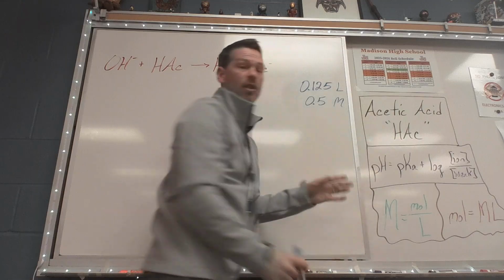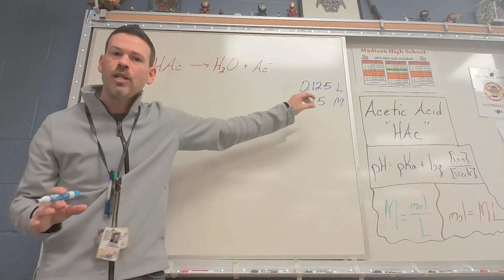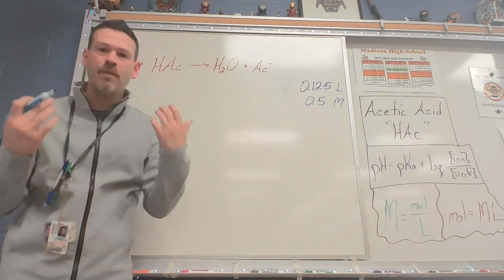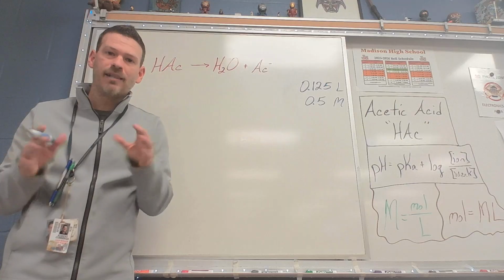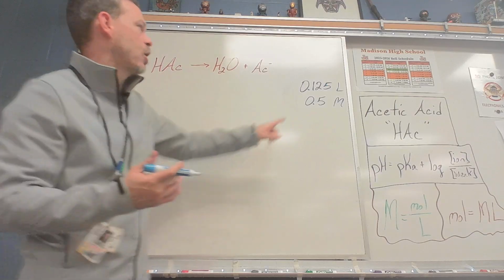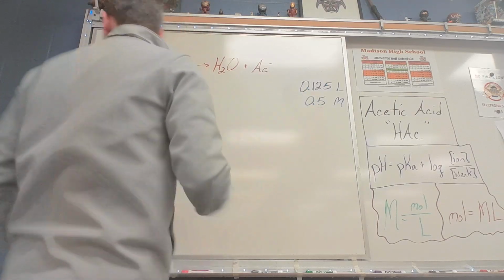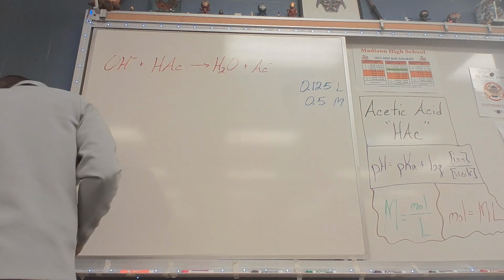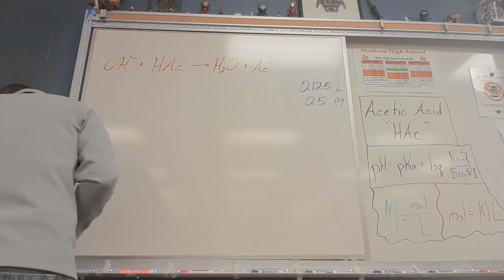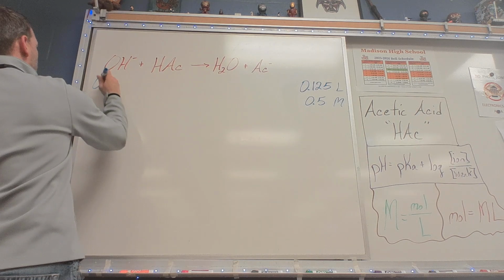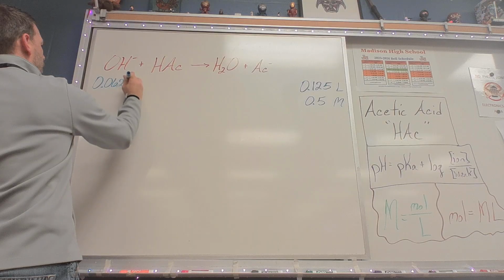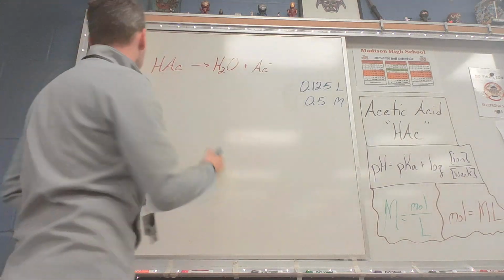You've got to multiply those, but we can already see that when we do, you're going to get the same number for both because they're present in the same amounts. So this times that is going to spit out 0.0625, but for both of them.